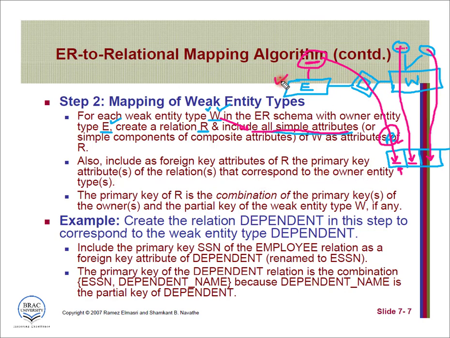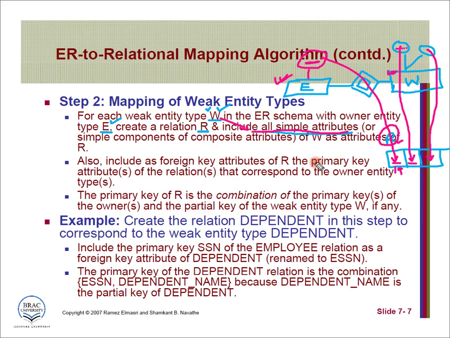So this is the owner entity of this weak entity. It actually corresponds to the primary key of this strong entity. And the primary key is the combination of the primary key of the owner and the partial key of the weak entity. So this is the primary key of the owner and this is the partial key of the weak entity. Both of this combination will be the primary key of this relation.